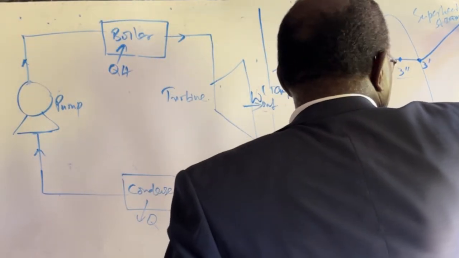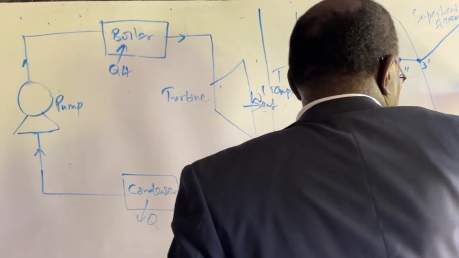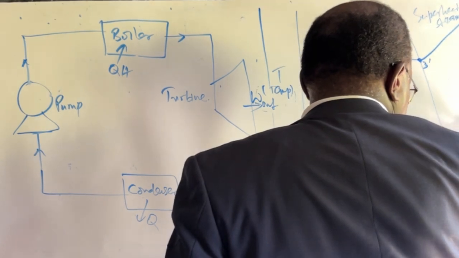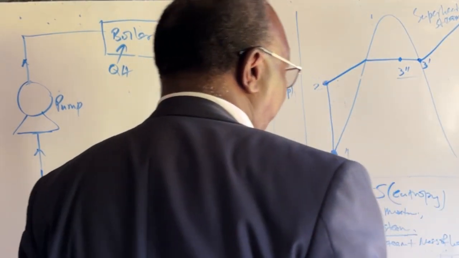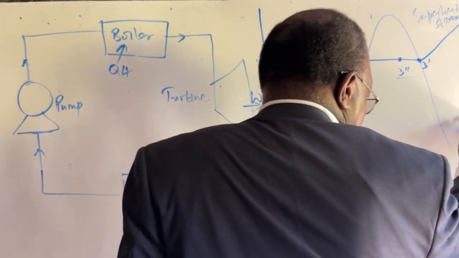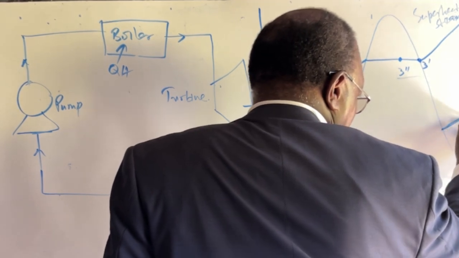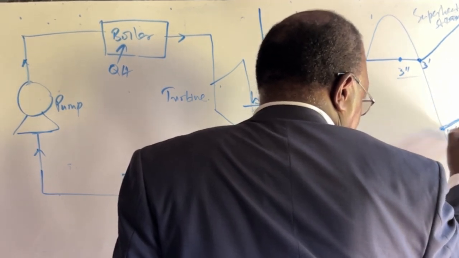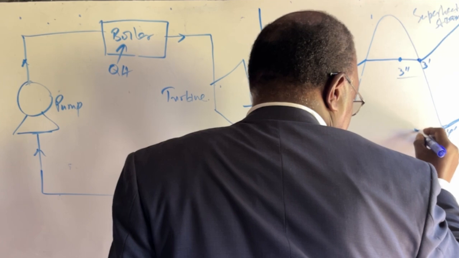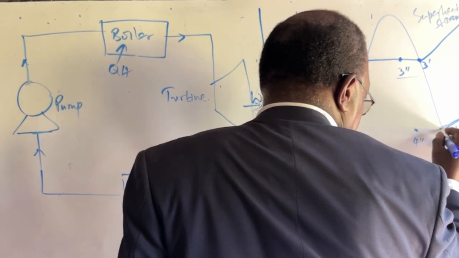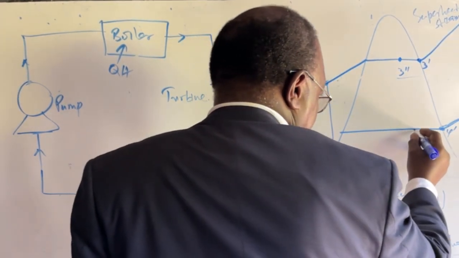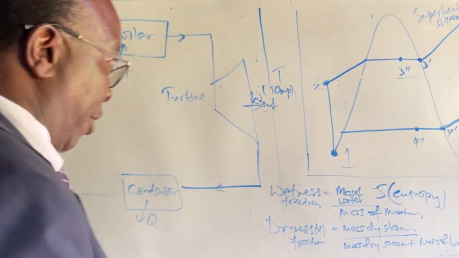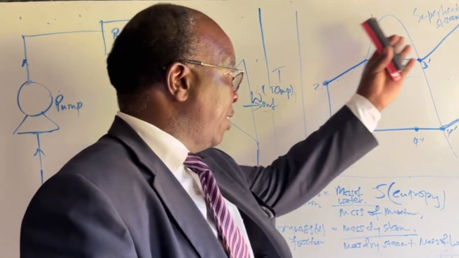Work will be done. Then you'll be at state point 4. It doesn't have to go to state point 4; it can go to state point 4 prime, in the wet vapor region, where we have vapor and liquid. And of course, the cycle continues.